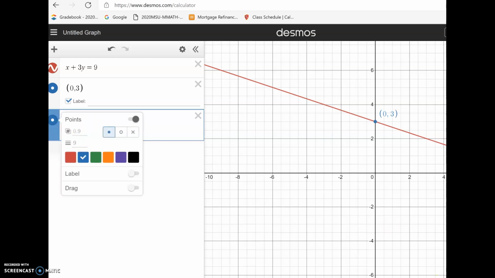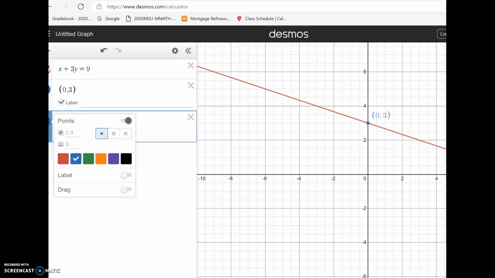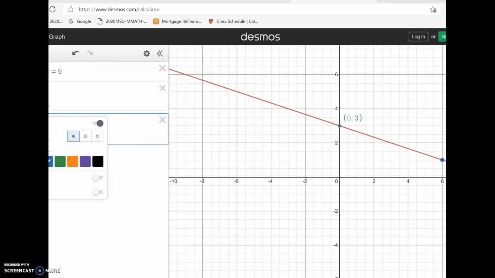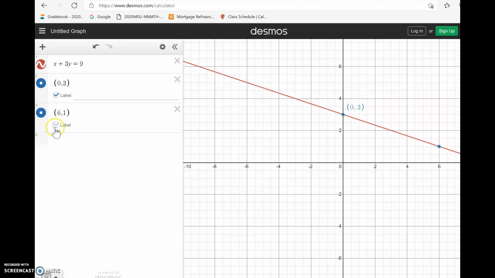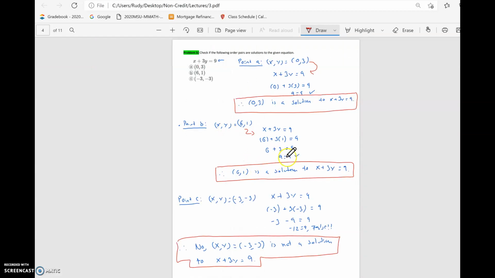And here I'm going to have to extend the window a little bit. Sorry, you guys, I had to pause it so that I could extend the window. And then we also found out that (6, 1) is actually part of the line. So yes, we found algebraically that it gave us a true statement.